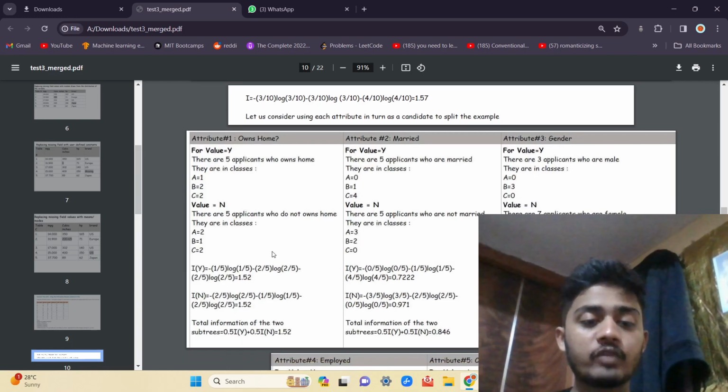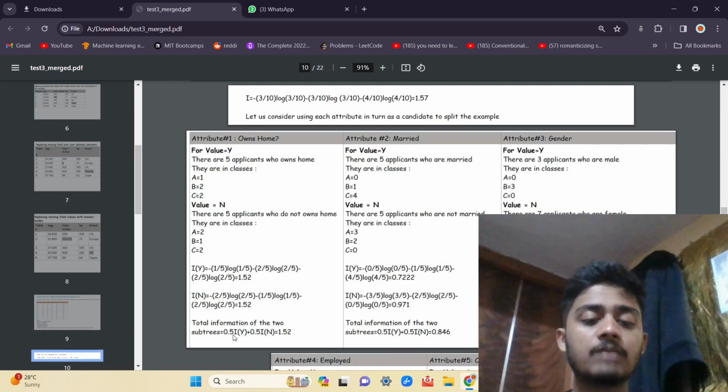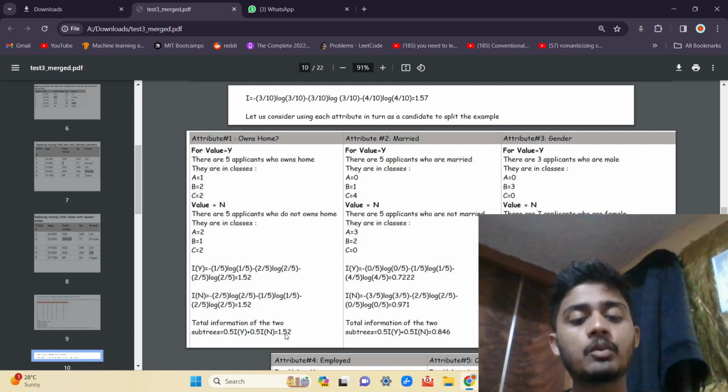Now we have to find out the total information gain for the two subtrees. So here we will calculate this by multiplying the probability of yes into the information gain for yes, and adding it to the probability of no into the information gain of no, and this comes to be 1.52.